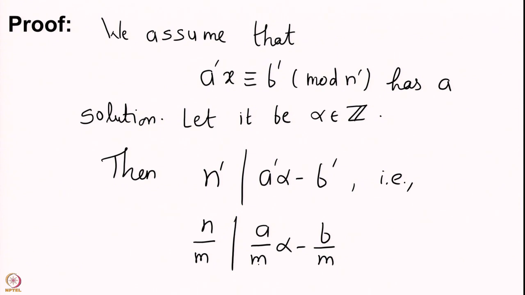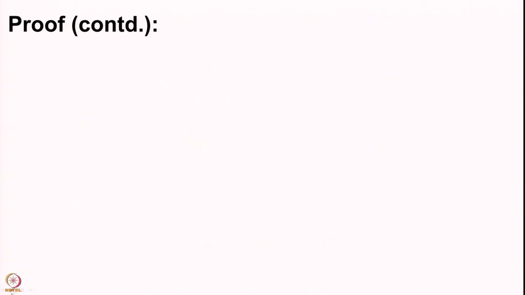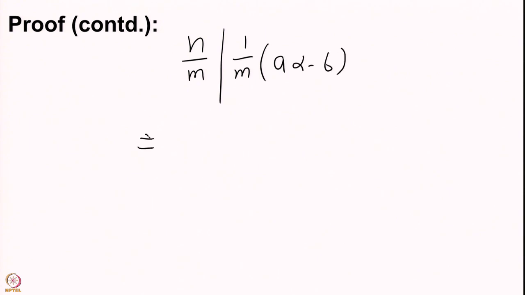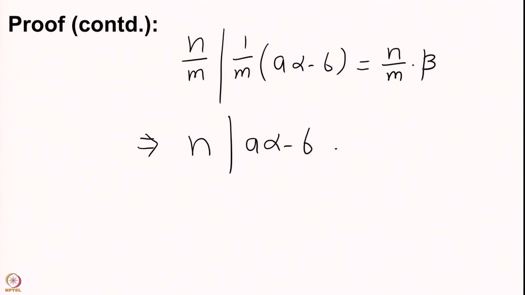But if you have this m, you can take this m common from the right hand side. So, what we get is that n by m divides 1 by m A alpha minus B, and this implies that n divides A alpha minus B, because I can simply write this part as n by m into some beta, and then we cancel these m's which come in the denominator to obtain this result.